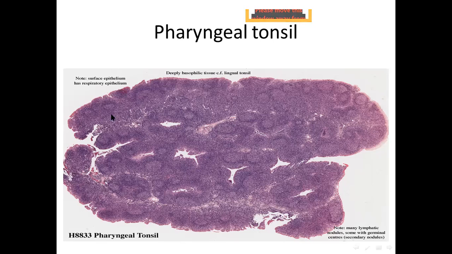In this type, the pharyngeal tonsil, we don't have crypts. The main characteristic feature of the pharyngeal tonsil is the absence of crypts, the invaginations through the parenchyma of this type of tonsil. Instead of crypts, we have shallow longitudinal enfoldings called plicae. Because of the absence of crypts, we have this other structure, a shallow longitudinal enfolding.